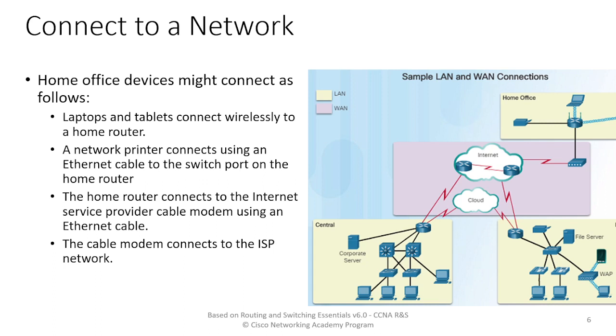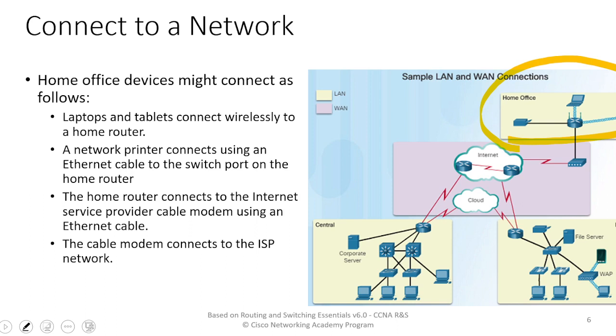Say, if we think about a scenario of a home office, for example. In a home office environment, the way that we may connect would be fairly simple. This is something that you would be familiar with, and I would assume most of you would be connected in a manner similar to this.